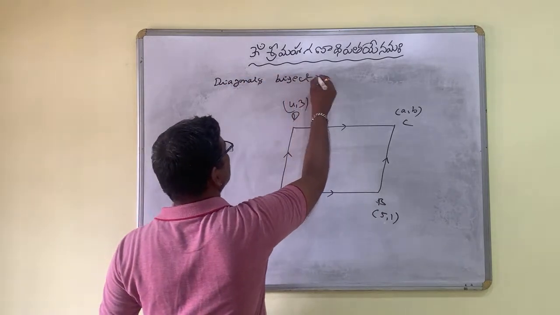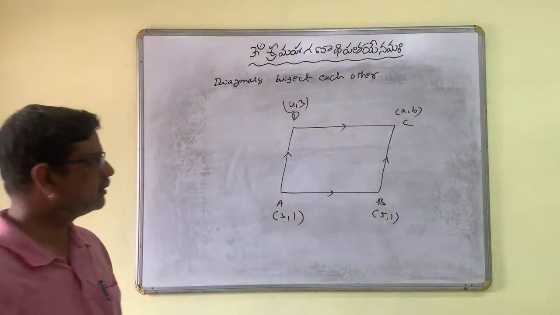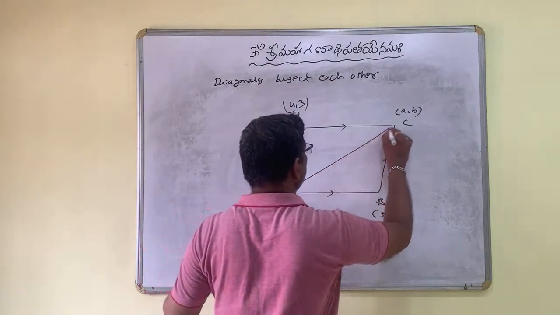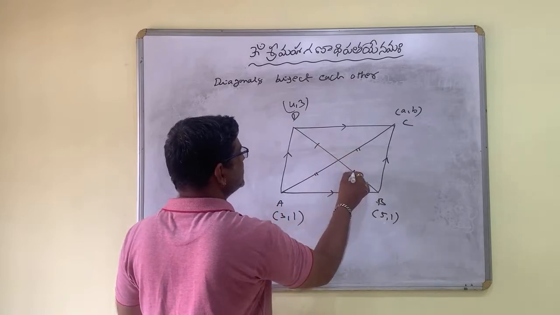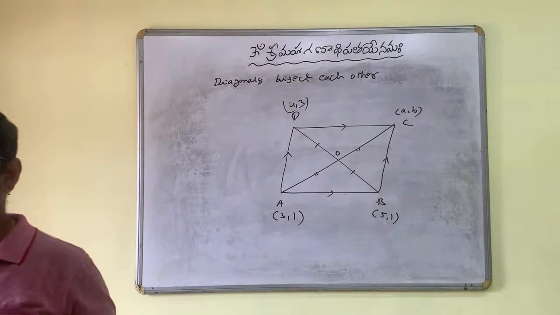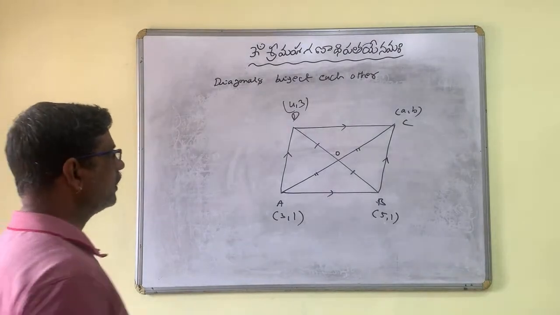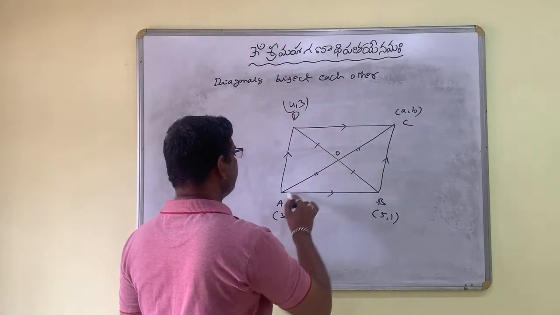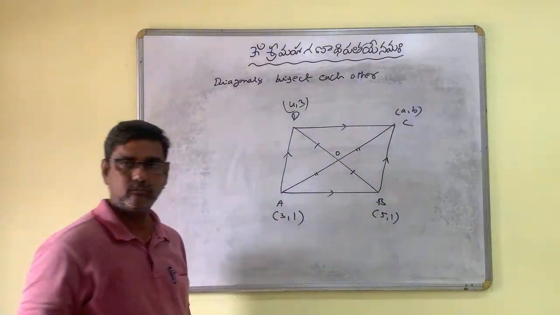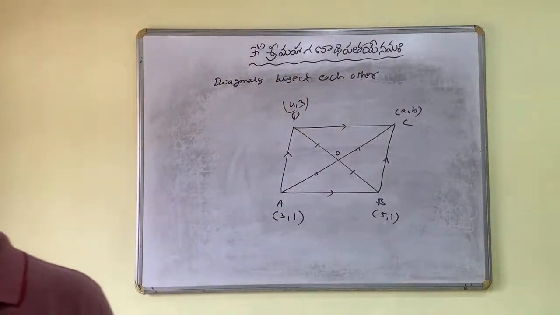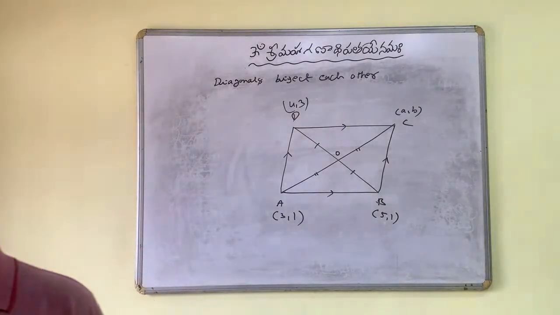That means diagonal AC and diagonal BD bisect each other. What is the meaning of bisect each other? That means point O is the midpoint of AC, and not only that, it is the midpoint of BD also.